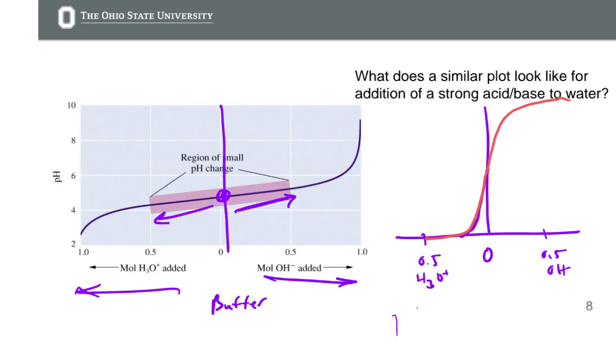Okay. Eventually we reach a plateau because we can't add any more. Right? That's where that's coming from. The main idea here is that a buffer resists change in pH because there's a reaction taking place. It doesn't allow for drastic changes in pH, unlike in pure water.